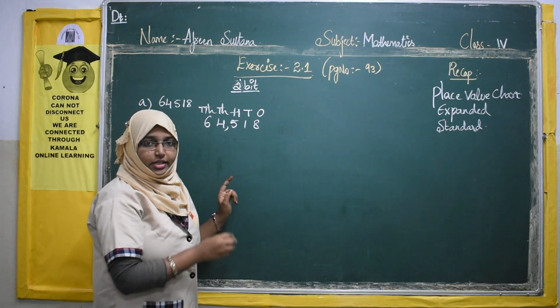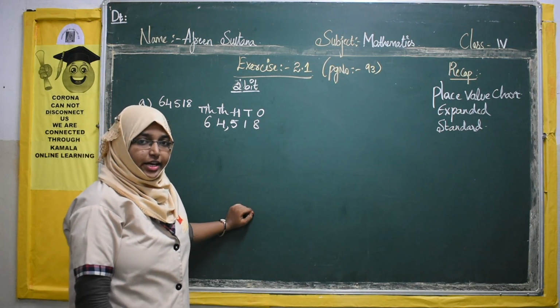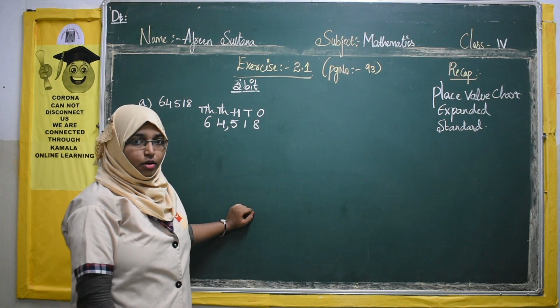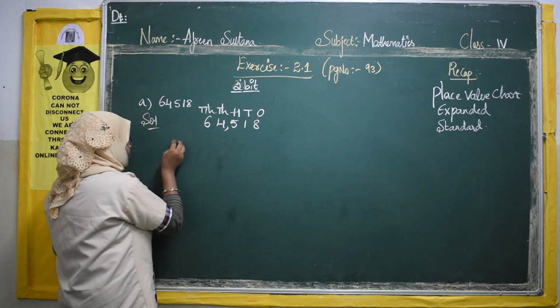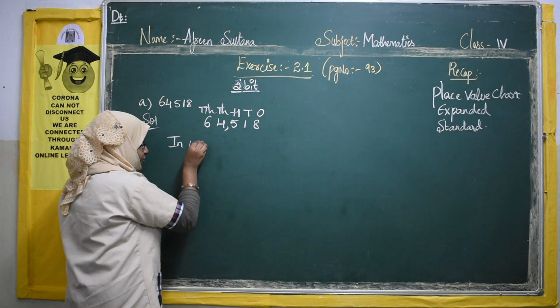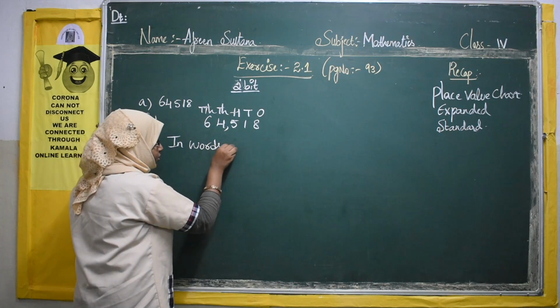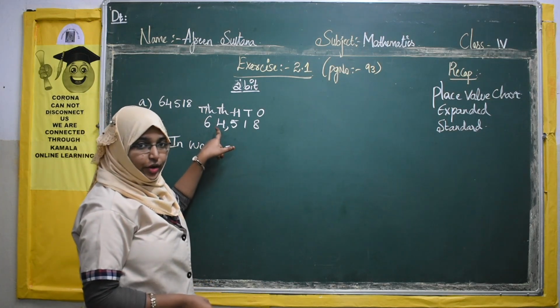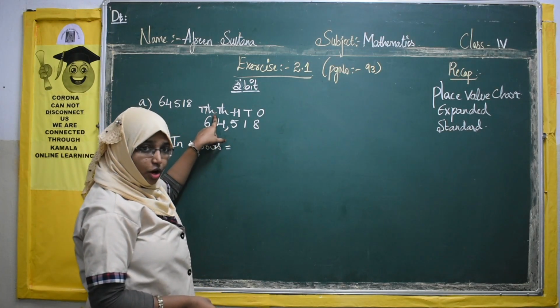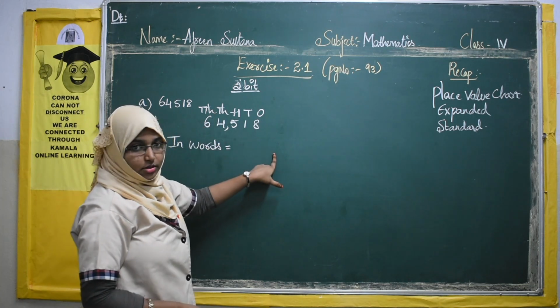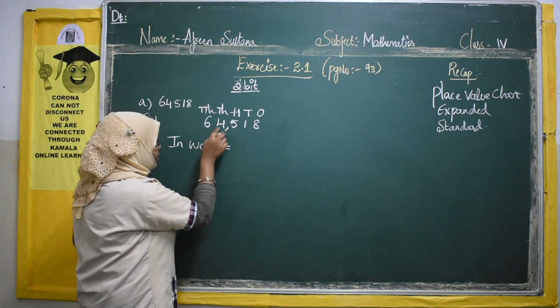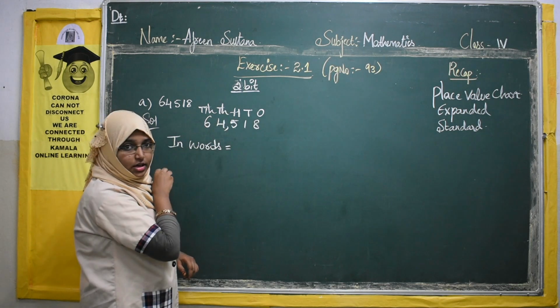Now how to write in number names? What we said, number names are nothing but writing in words, right? Now simply you see the number, where the digits are lying, in which row or in which period, and then you write it. Okay. So now 64 is going under thousands period.